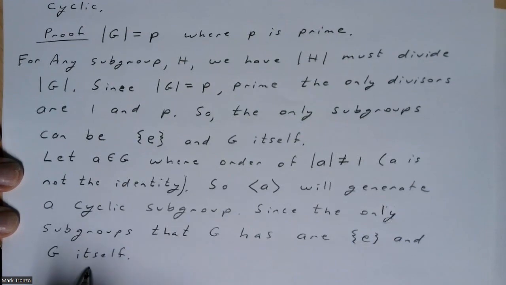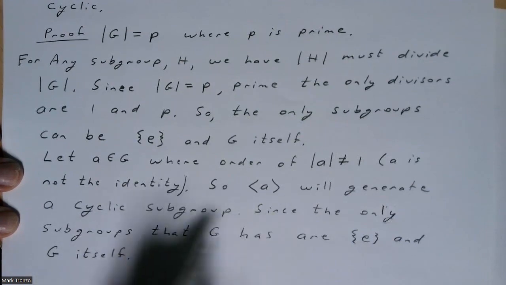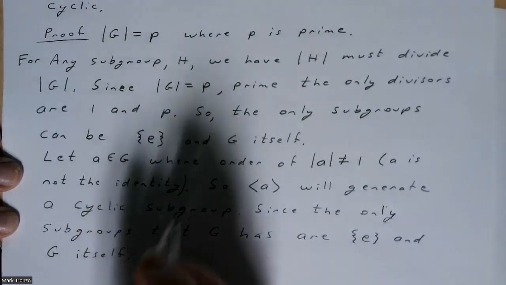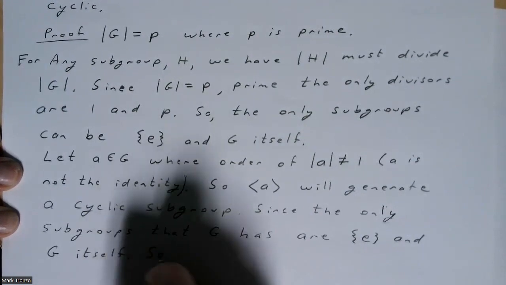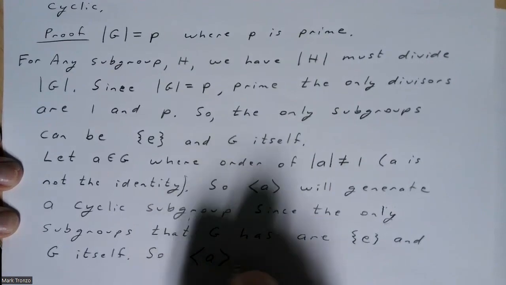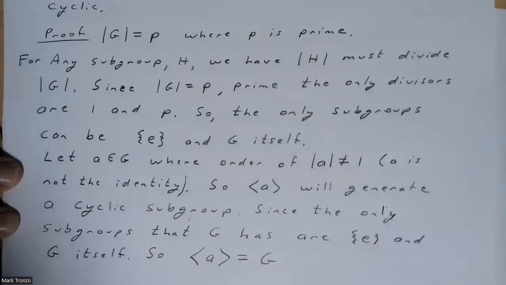So it must generate G itself. So A is going to be equal to G.